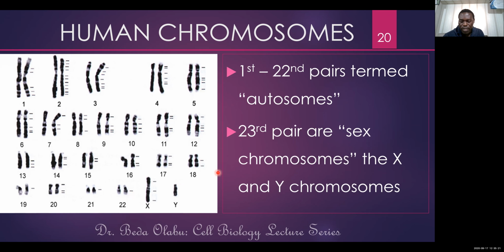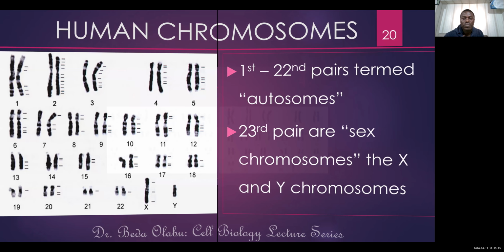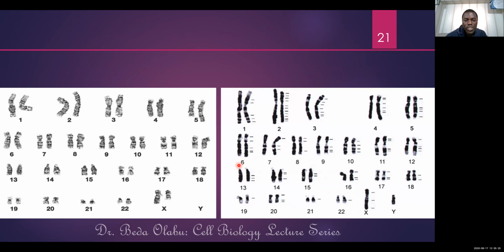Having said that, let me now ask you a question. So I want you to look at these things. Whatever you're looking at right now is what we call karyotype. A karyotype is the graphic representation of chromosomes within the nucleus of an individual or within the nucleus of a cell from an individual. Karyotype.